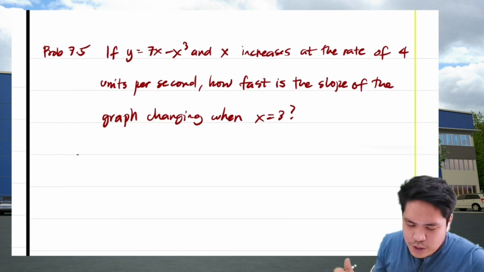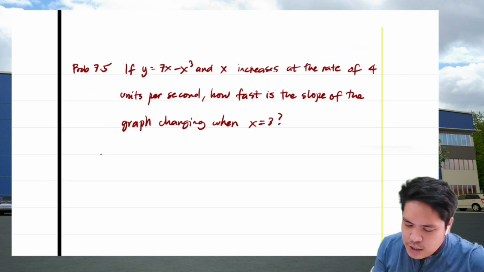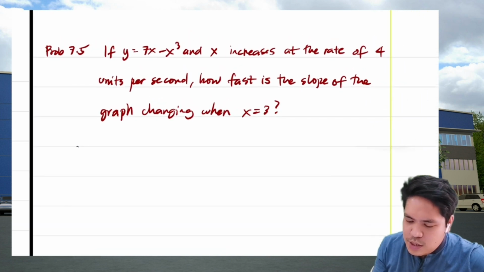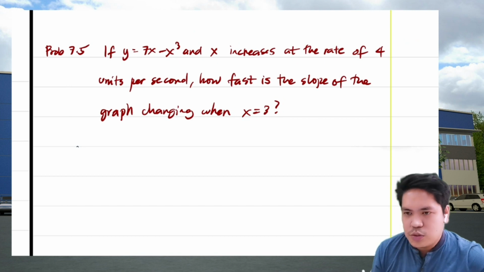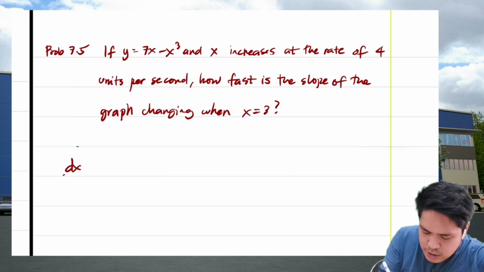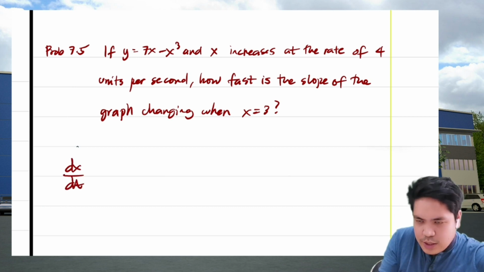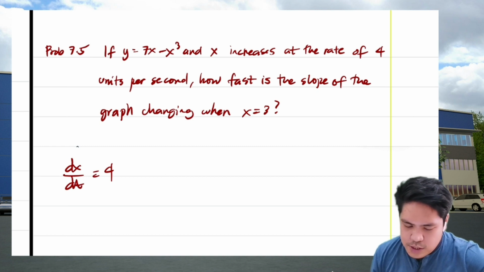If y is equal to 7x minus x cubed and x increases at the rate of 4 units per second, how fast is the slope of the graph changing when x is equal to 3 seconds? So this is quite easy because given siya na x increases, so meaning dx over dt, with a rate of 4 units per second.